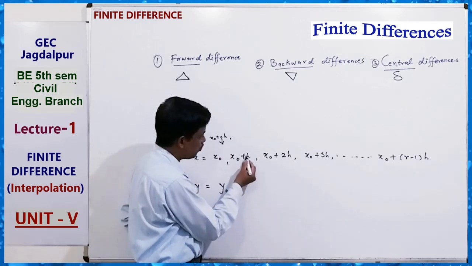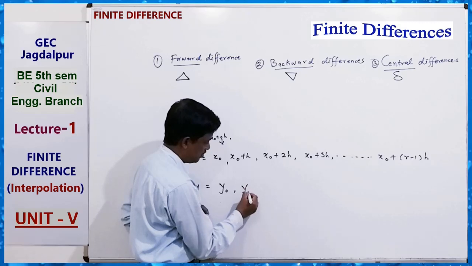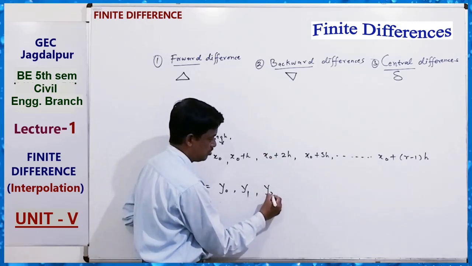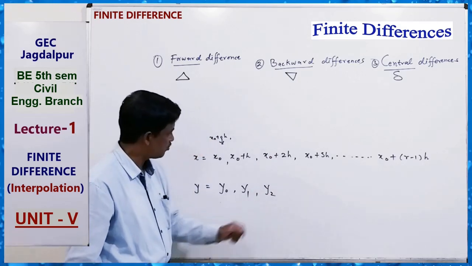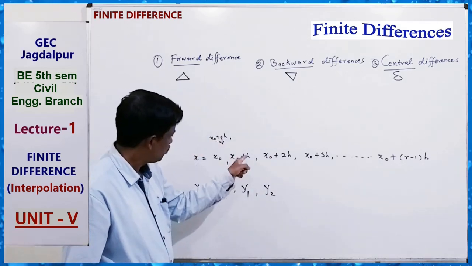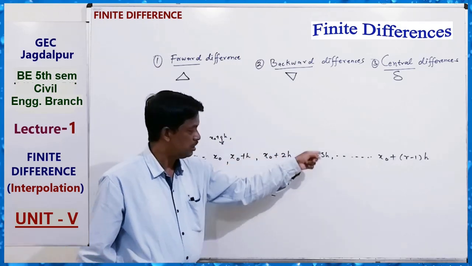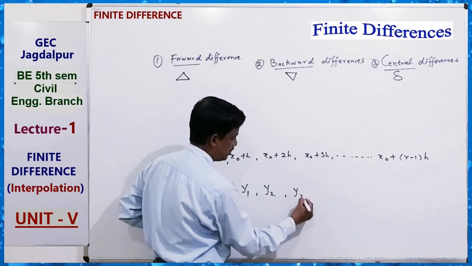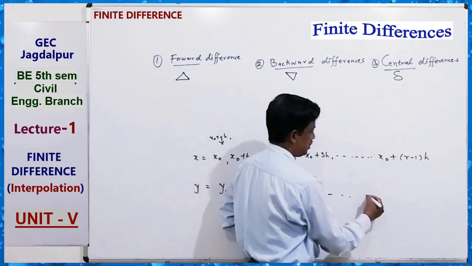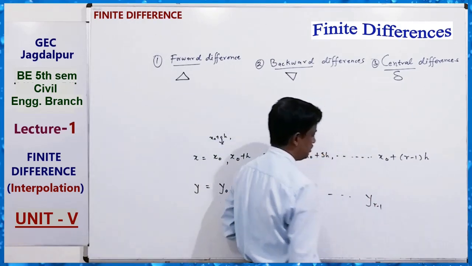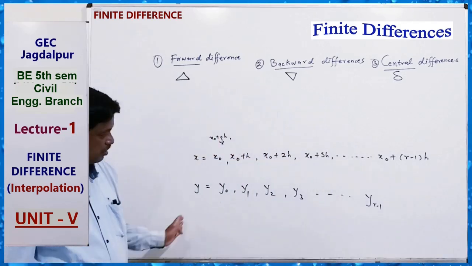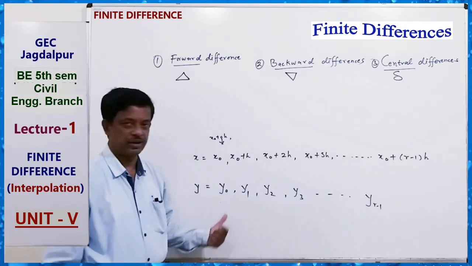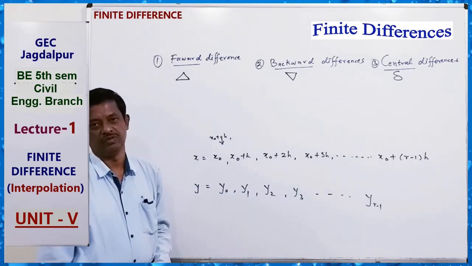Here x0 plus 1 into h is y1, x0 plus 2 into h is y2. That means these 0, 1, 2 go on 0, 1, 2, 3 and so on, so y3, and like this up to y(r minus 1). These are the r values.